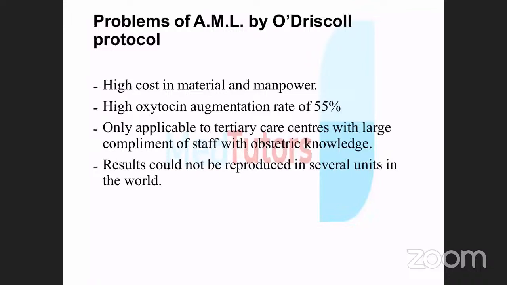And of course, because of this, the results could not be reproduced in several units in different parts of the world. And that is what led to the loss of interest in the active management of labor as proposed by O'Driscoll in the 60s. Next slide.